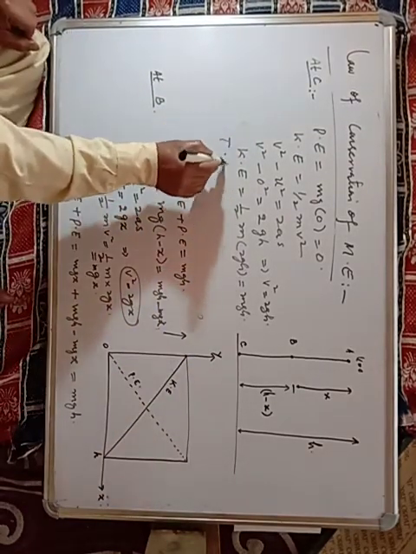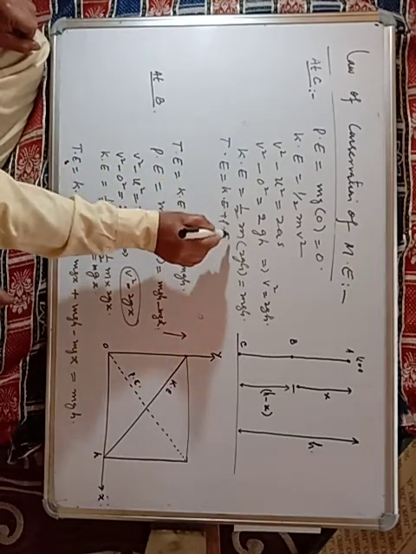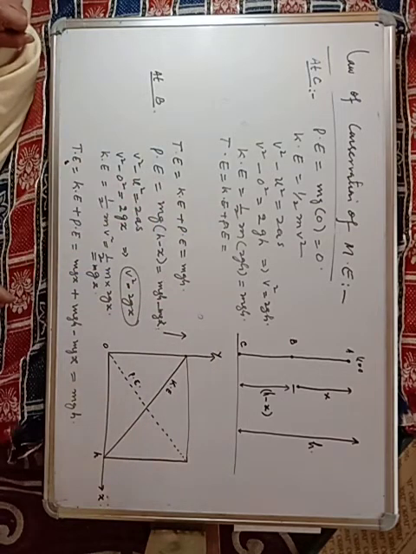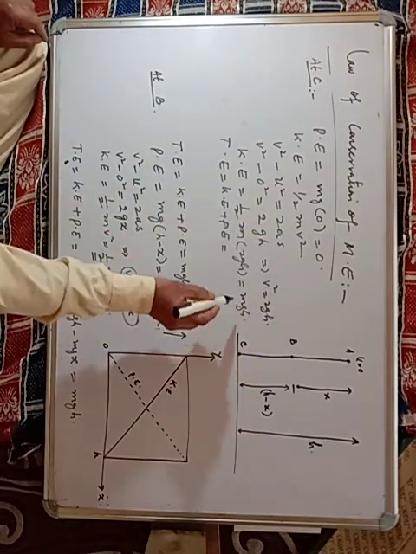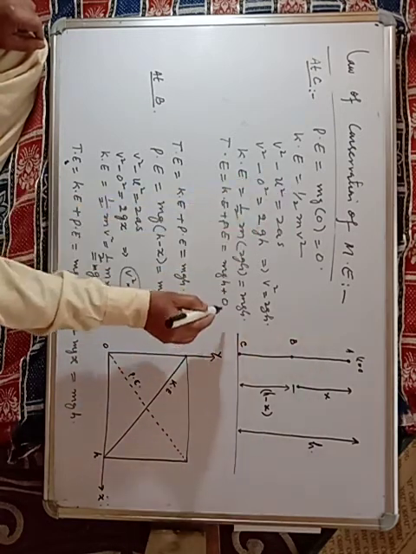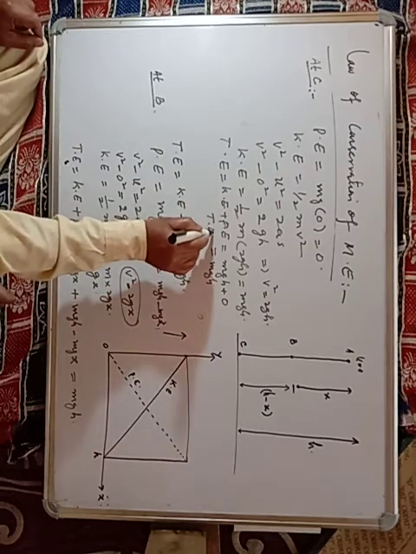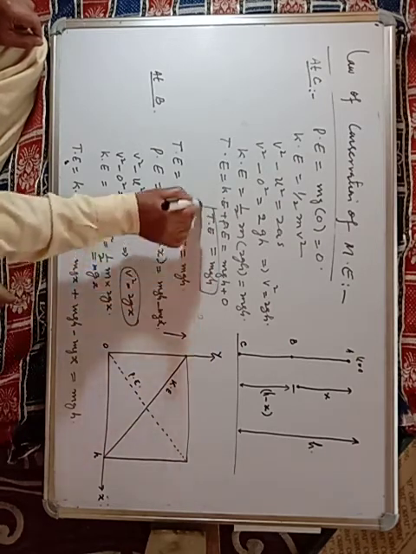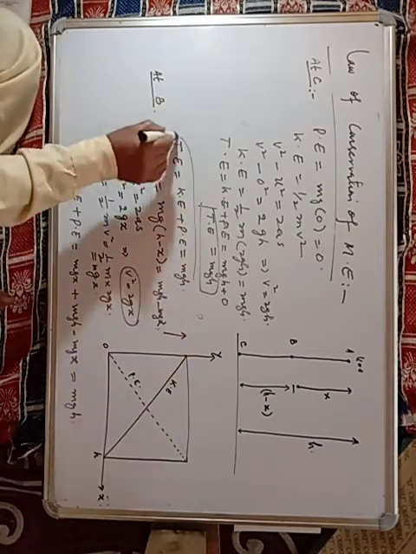So total energy is equal to kinetic energy plus potential energy, which is equal to काइनेटिक एनर्जी किसके बराबर है, mgh, plus potential energy that is equal to 0, so which is equal to mgh. Total energy is equal to mgh.